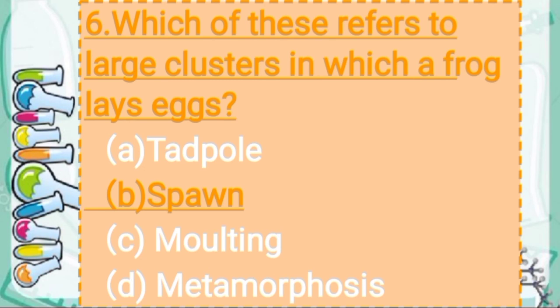Which of these refers to large clusters in which a frog lays eggs? Answer is option B, spawns, from which a tadpole hatches out.